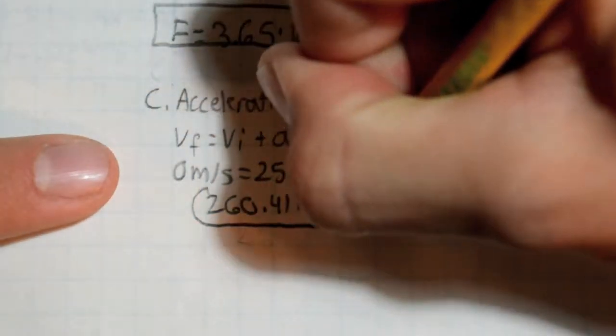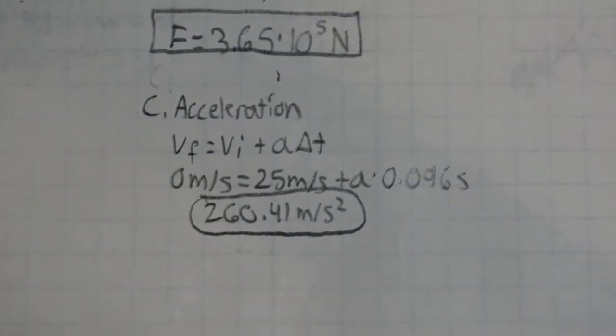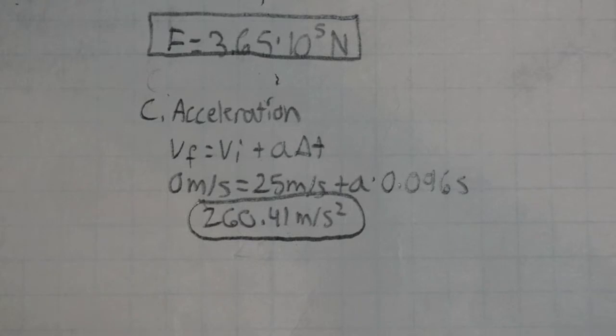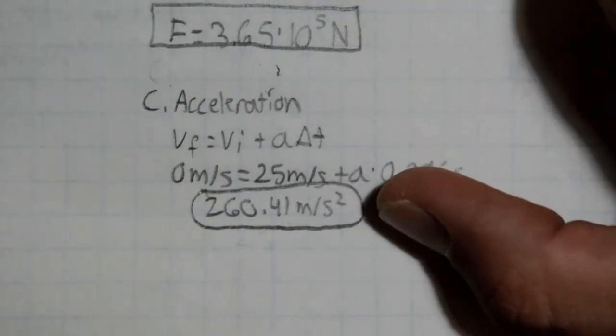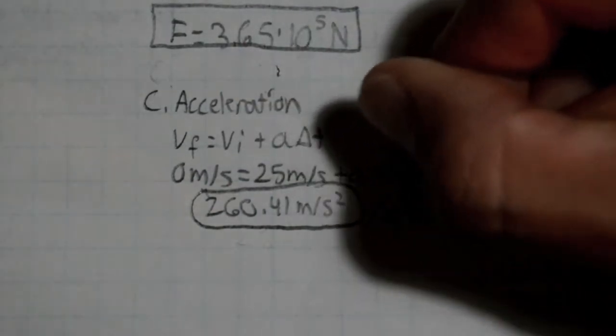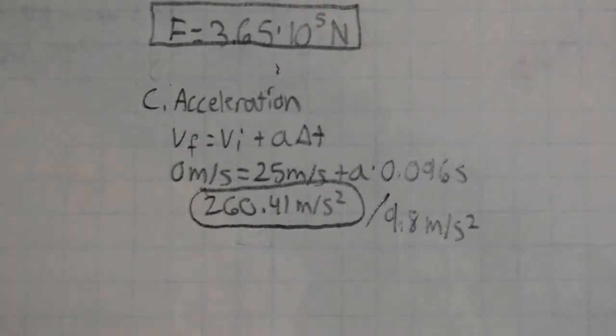That technically is the acceleration, but the book wants to make us go that extra mile, and they wanted acceleration as a multiple of the acceleration of gravity. So how you do that is you take this number and divide it by 9.8 meters per second squared, because that is the acceleration of gravity.